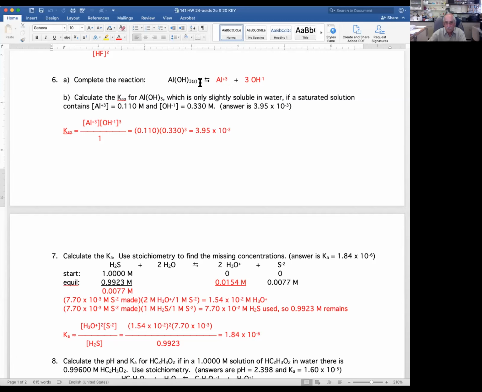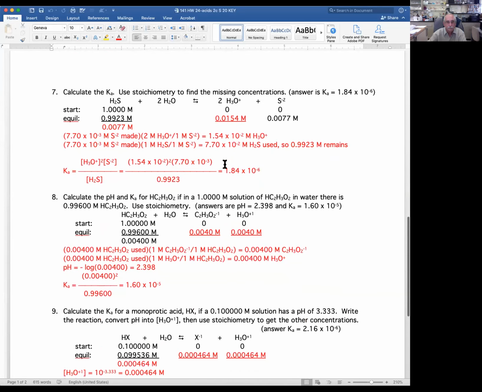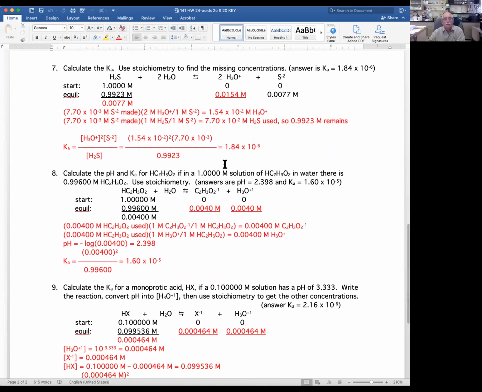Whatever doesn't dissolve just goes on the bottom and we don't care about it. So what is in the solution could be a saturated solution. Here are the concentrations of that saturated solution. So calculate the equilibrium constant and then find the missing concentrations.